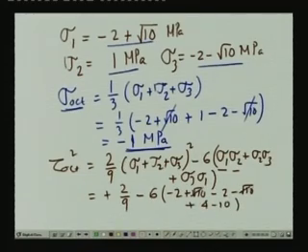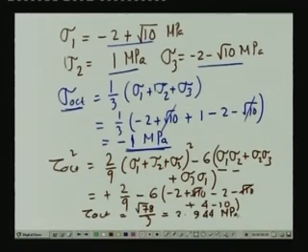So, this gives you minus 10. So, the tau octahedral from this we get as equals to root of 78 by 3, which is equals to 2.944 MPa. So, this is the value of sigma octahedral and tau octahedral.